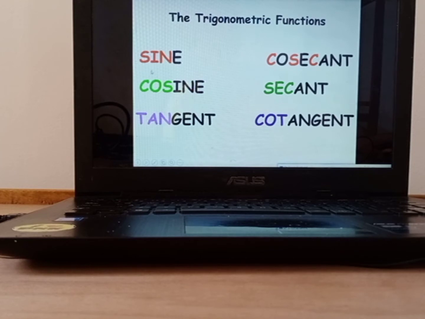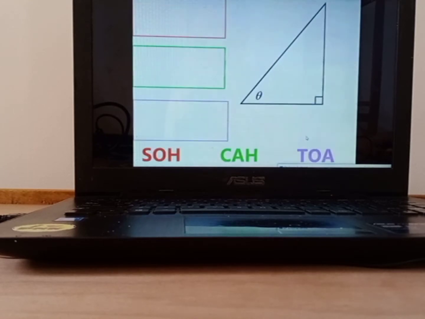And class, take note, the shortcut for sine is SIN, and the colored portion of our trigonometric function, as you can see on our PowerPoint, is the shortcut of our sine, the cosine, the tangent, the cosecant, the secant, and the cotangent.